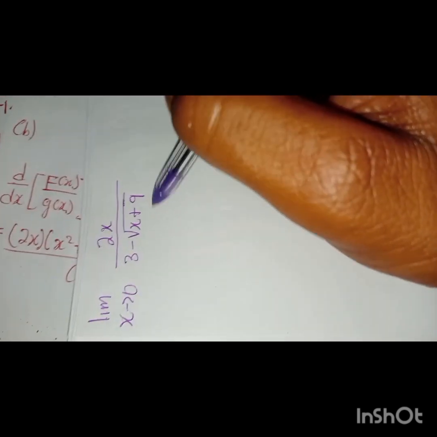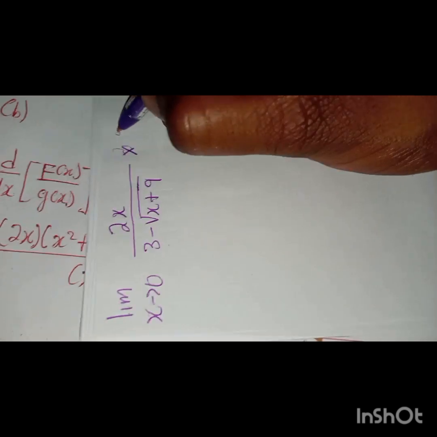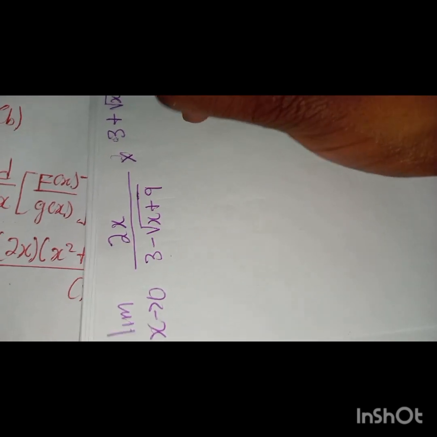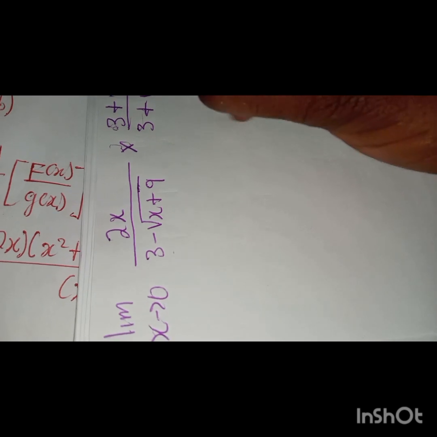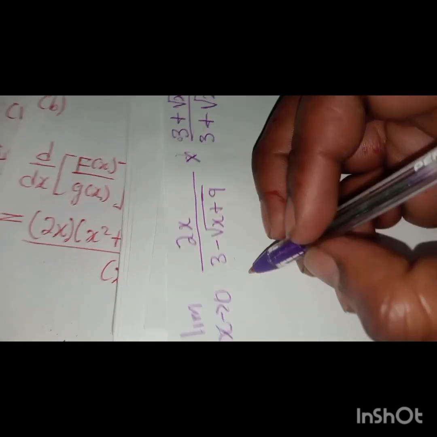As you can see in this one, we can rationalize the denominator first, meaning we have to multiply by 3 plus root of x plus 9 all over 3 plus root of x plus 9. Remember, we have to simplify.